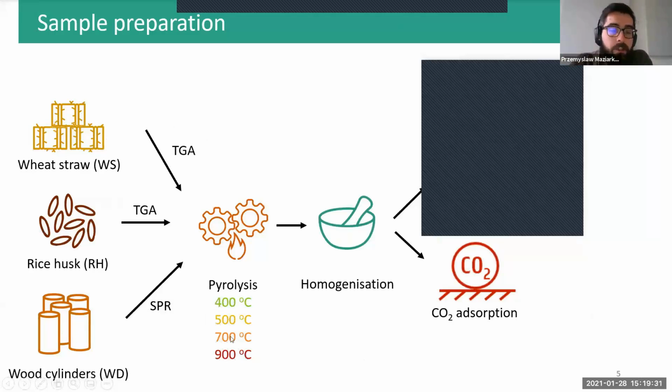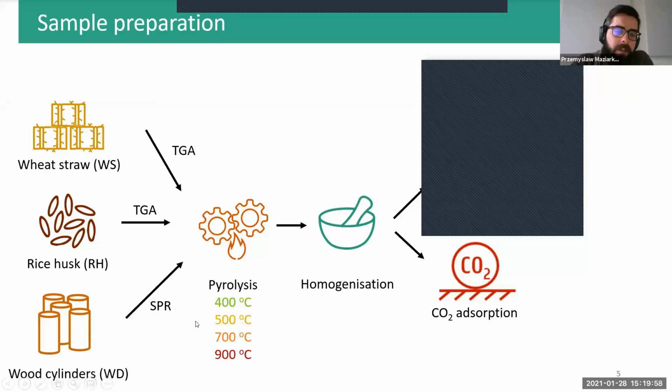For the cylinders, the situation was somewhat different because that was a larger particle. So there was a restriction on the heat transfer to the center of the sample. For 400 degrees, when the heat transfer is relatively low due to the small difference in temperatures, the conversion time was 15 minutes.